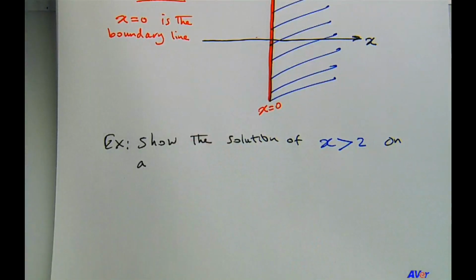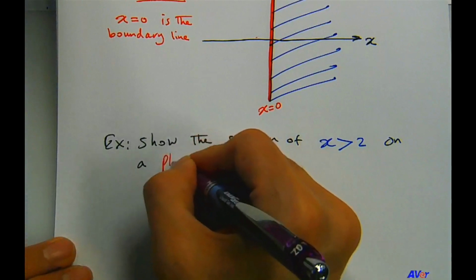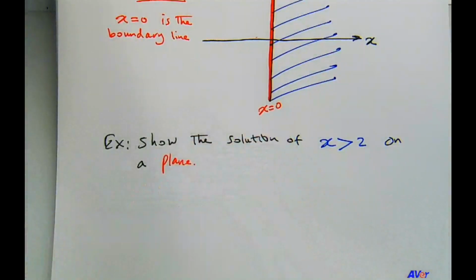The "on a plane" part should be implied, but because we're just introducing this concept, I want to write it a couple of times, then I'll stop writing it. In this class, we are not talking about the solution along a real number line. We're just talking about all these solutions on a plane. So I'll do it one more time and then I'll stop.